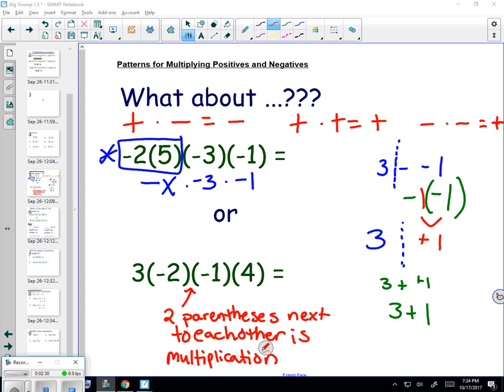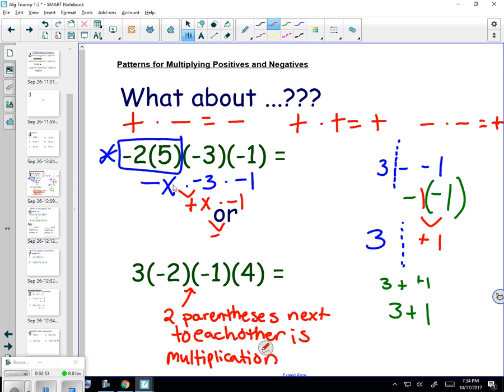So let's look. We have a negative number times negative 3. We go from left to right. Negative times negative is our last set. Negative times negative is positive. So now I have a positive number. Again, we don't know what it is. Times negative 1. So our last step, we have a positive times a negative, which is negative.